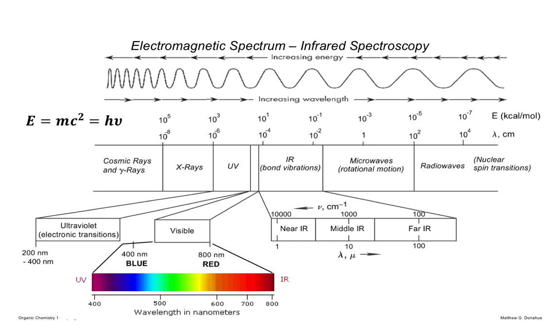So I'm sure that you've sort of talked about this concept in general chemistry. If you've taken physics, you've probably talked about it. I think every STEM course introduces the electromagnetic spectrum for some purpose throughout their courses. So this is the electromagnetic spectrum.